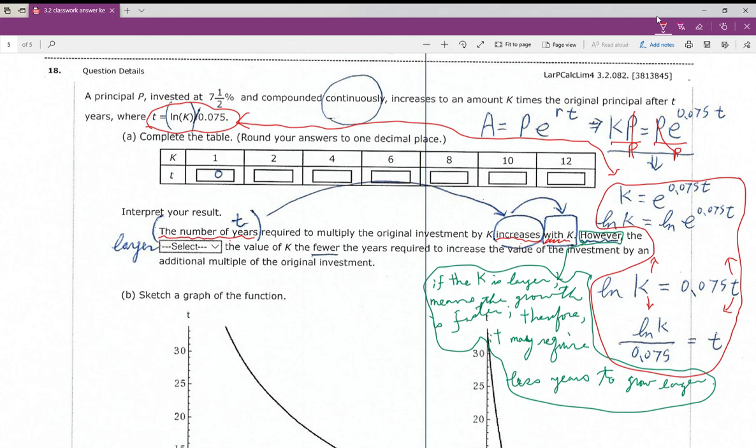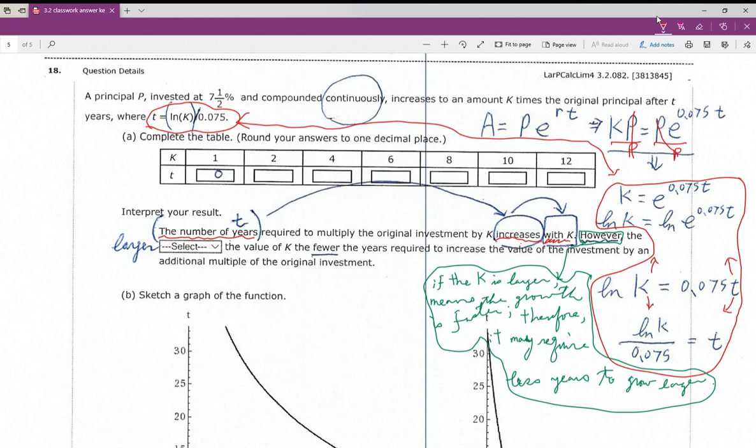However, this part of the answer is kind of hard, so I try to explain. The larger the value of k, the fewer the years required to increase the value of the investment by an additional multiple of the original investment. Typically, it's talking about if k is larger, it means the growth is faster.